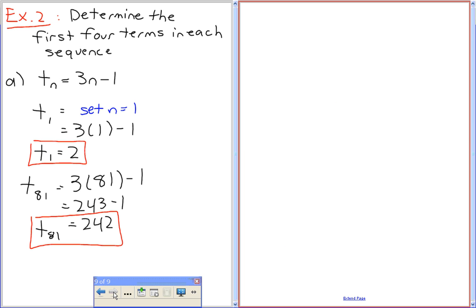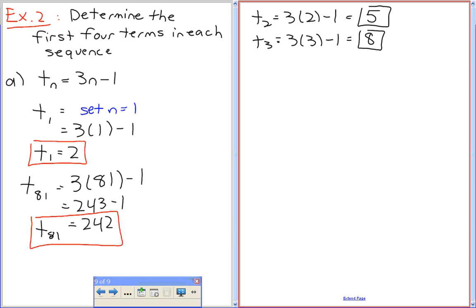William, T2 is going to be what? Good. Lovely. Caitlin, T3, what do I do? Good. T4. Good up to Gary.